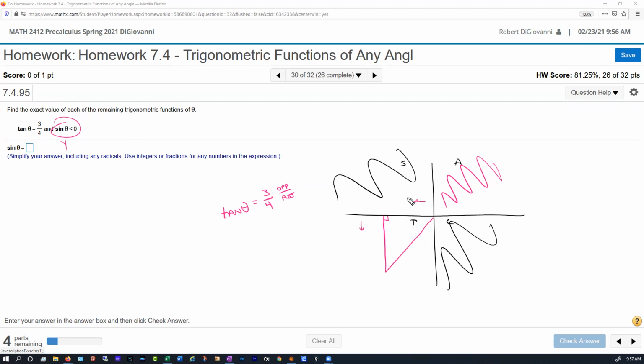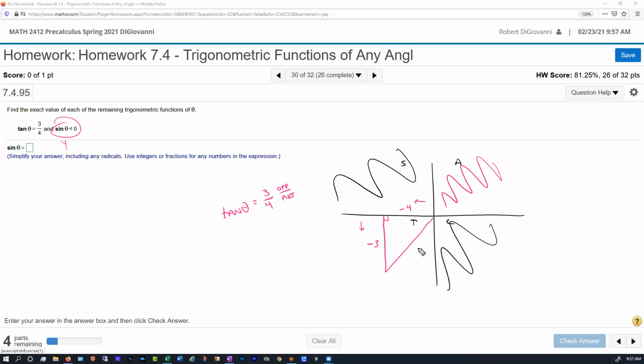That means they both have to be negative. So this is actually -3 and -4. But when you do tangent and do -3 divided by -4, you get +3/4. So they've cleared out the negative. It's tricky. It makes you think that they weren't negative, but in fact, they have to be because we're in the third quadrant. So this is what it looks like.